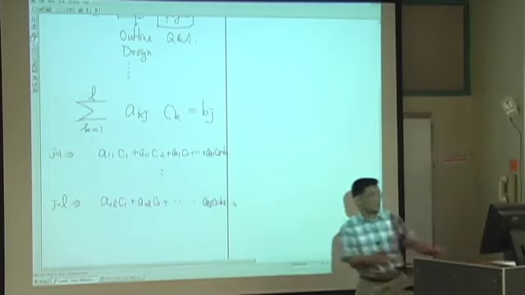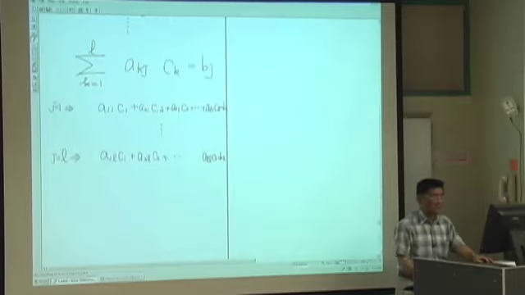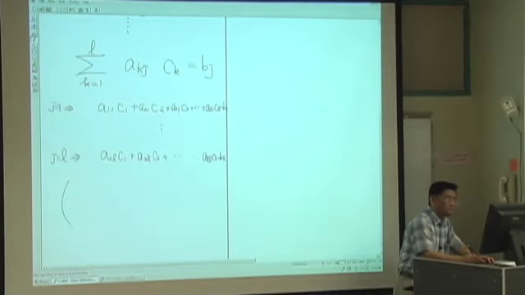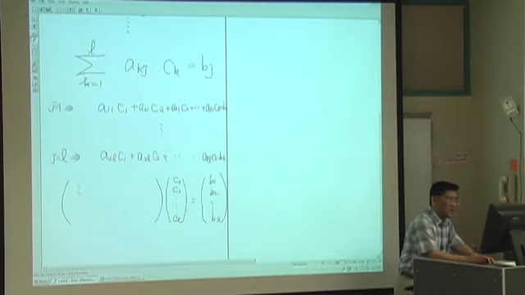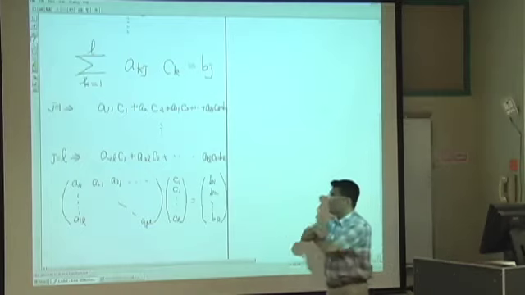So we can write it this way, and then create a matrix form: B1, B2, BL, C1, C2, CL, and then A11, A21, A31, and so on, and then A1L, and then ALL.